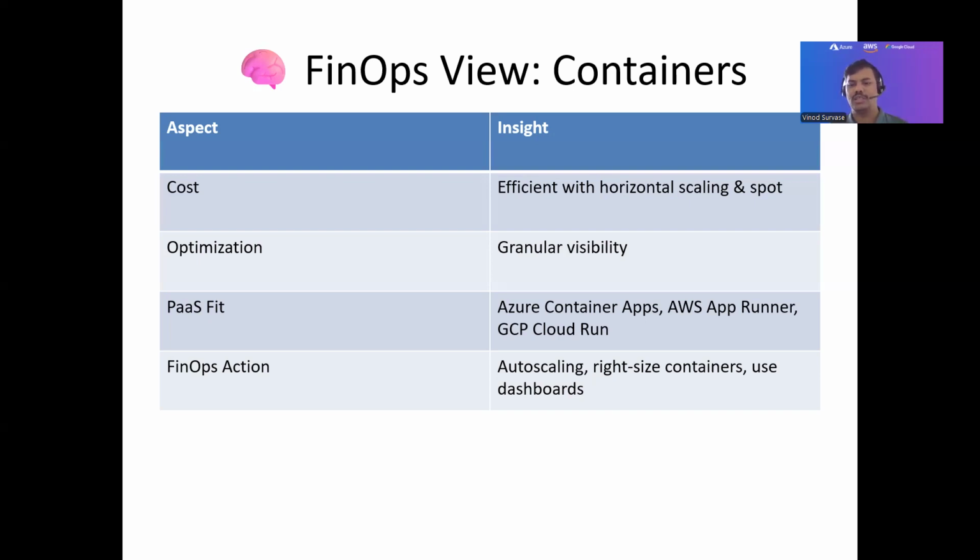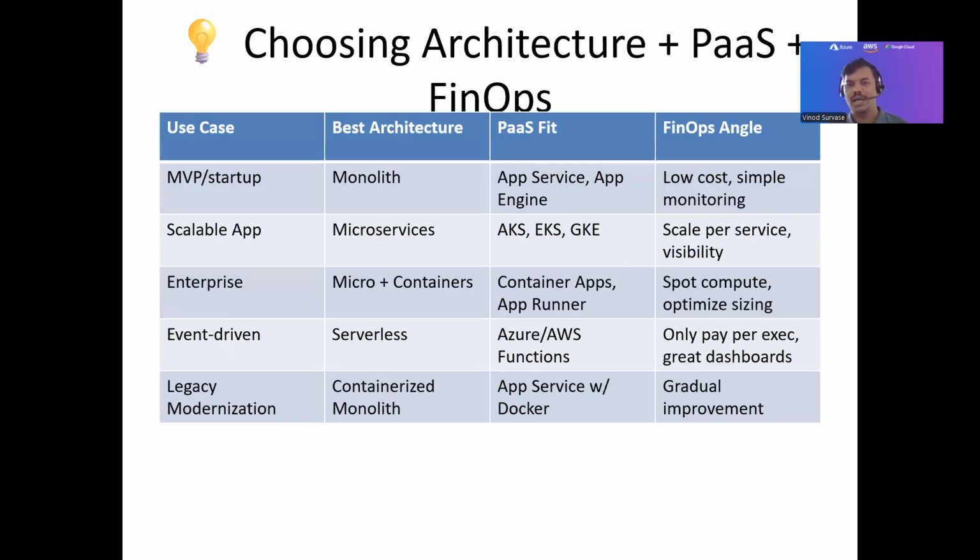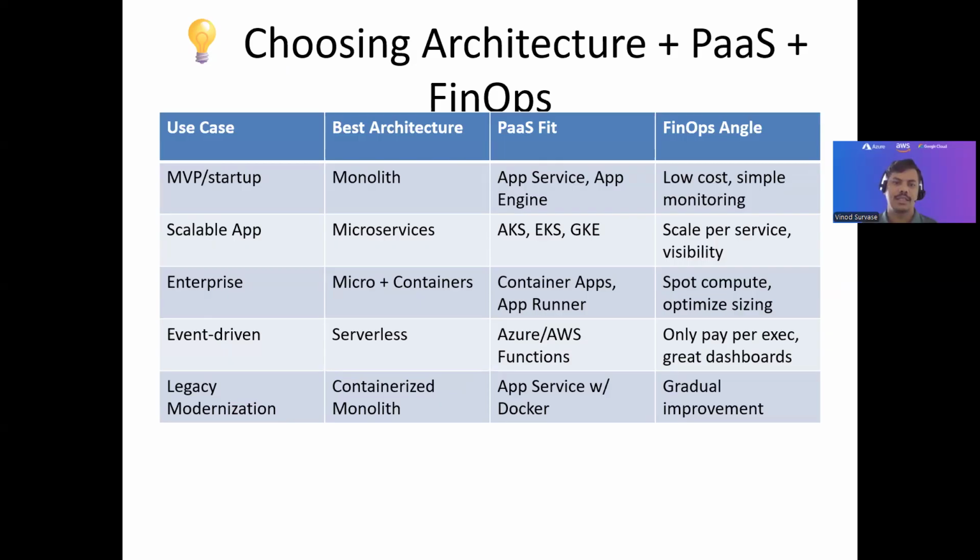So let's look at the architecture view, including architecture plus PaaS plus FinOps. Let's talk about one by one in short. On the use case based architecture, PaaS fit and FinOps angle, MVPs and startups would go with monolith.